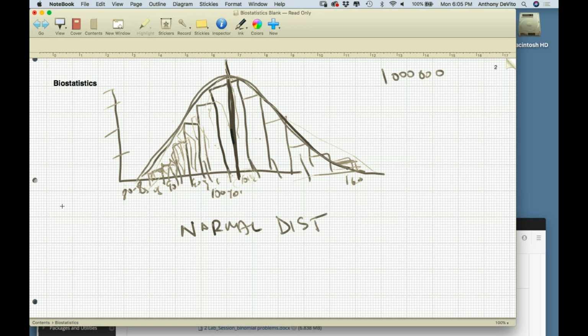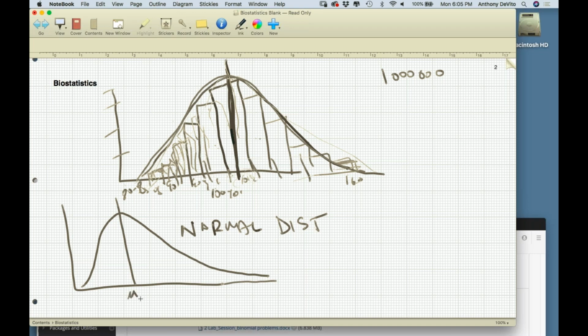Now not every distribution is normal. So for instance, you might have some distributions that are skewed. So let's say an income distribution, right? This might be the income distribution for the United States. You have a middle class here, right? Here's the mean salary for people that are in, say, the middle class and so on and so forth. But you have a small number of people that are extremely wealthy that may have very, very high incomes, right?